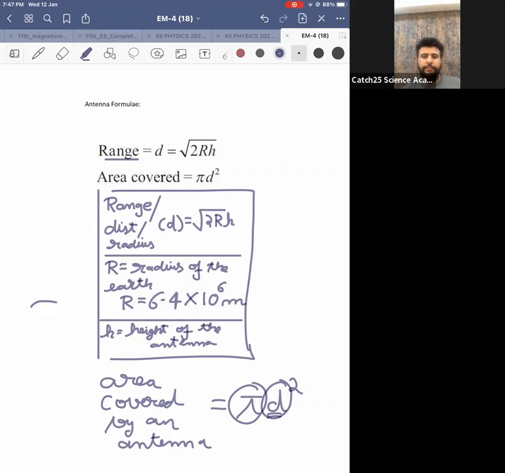Clear? Yes, sir. So make a note of these two formulae.